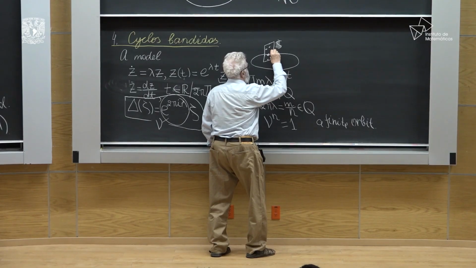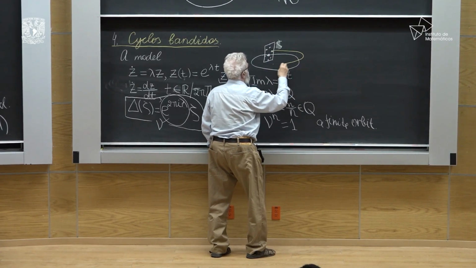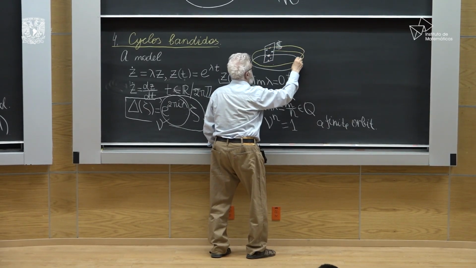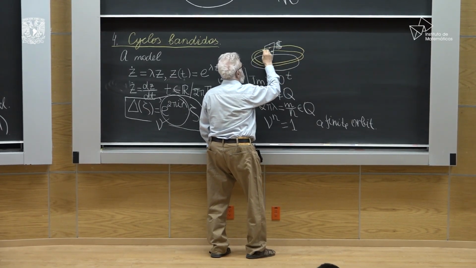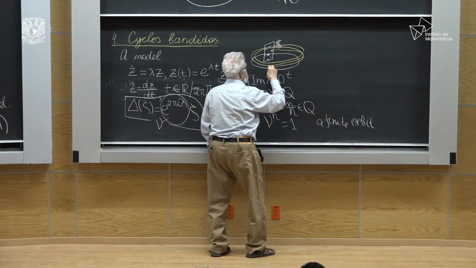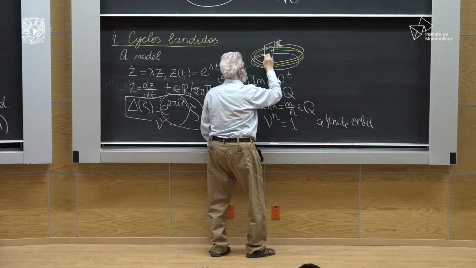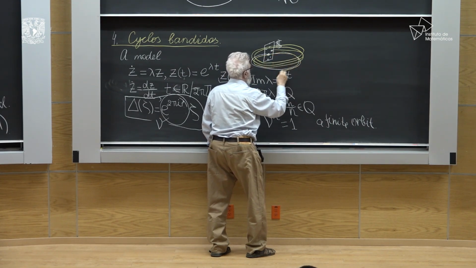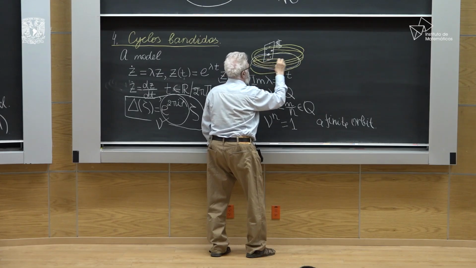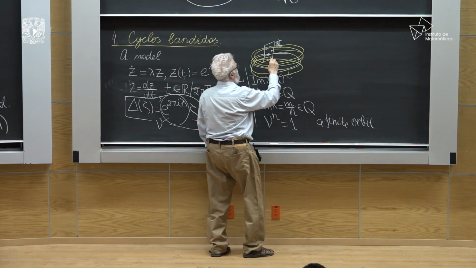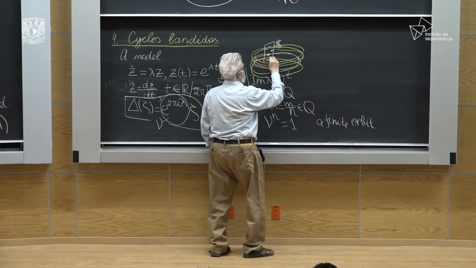We make one turn and come to this point, the next turn and come to this point, the next one, and we come here, the next one, and we come here, the next one, and we come here. And then we come back.